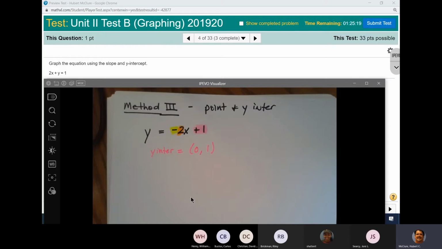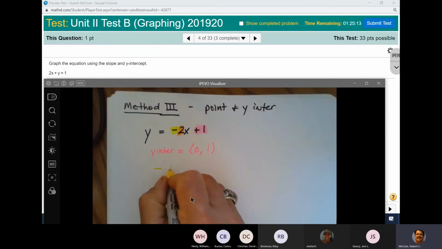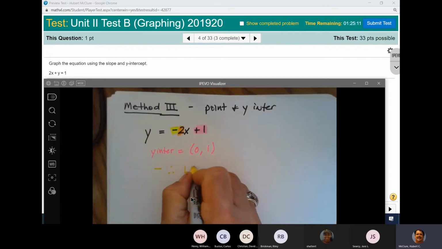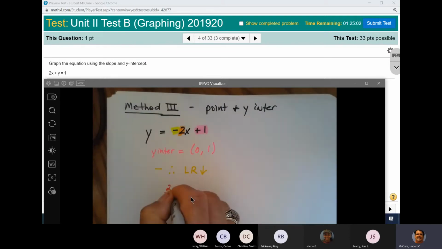My yellow, I got a negative slope, therefore left to right, down. And then my orange tells us 2 over 1, vertical over horizontal.